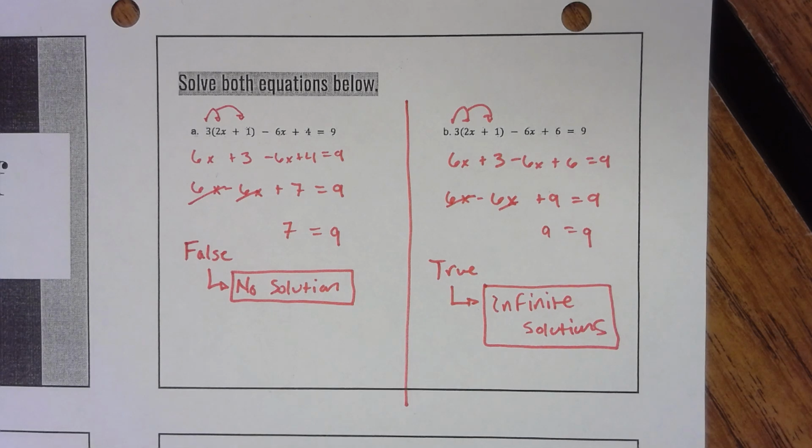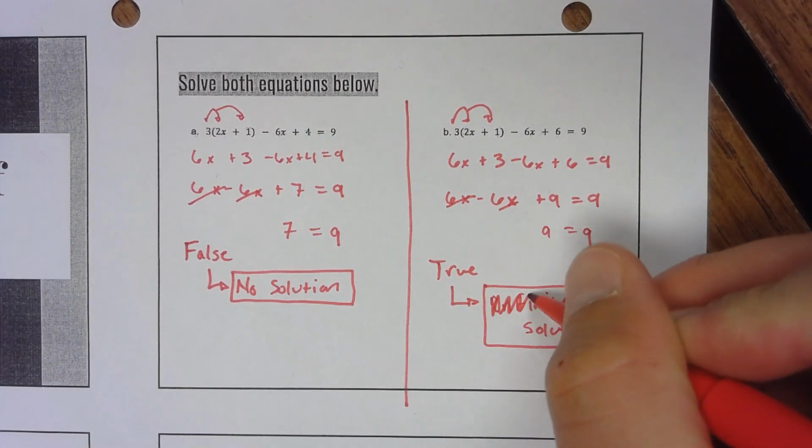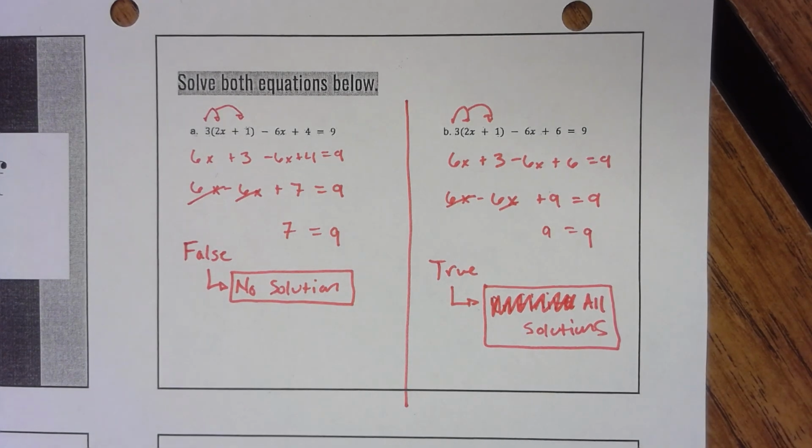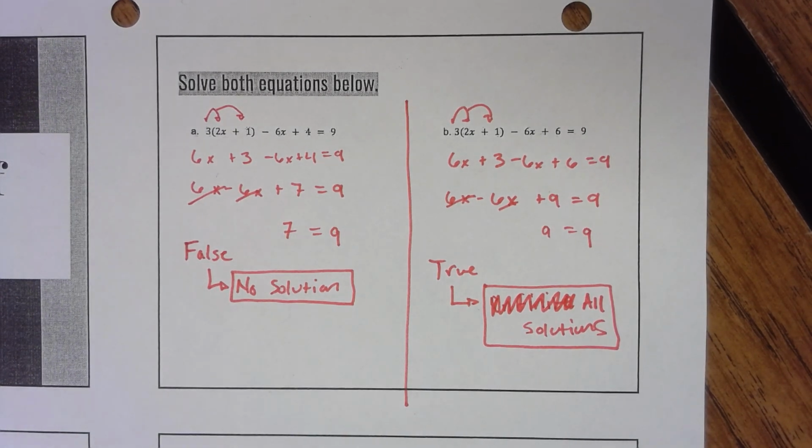I guess we could even say all solutions might be more appropriate here. Any number that we plug in, you know what, it is all solutions. Let's change that. Any number that we plug into this equation will always give us something that works. So every number of x is going to make this equation work.